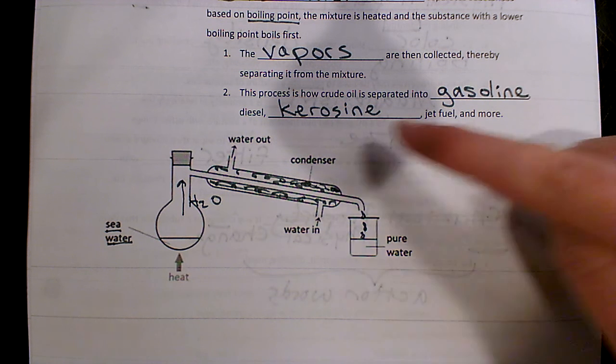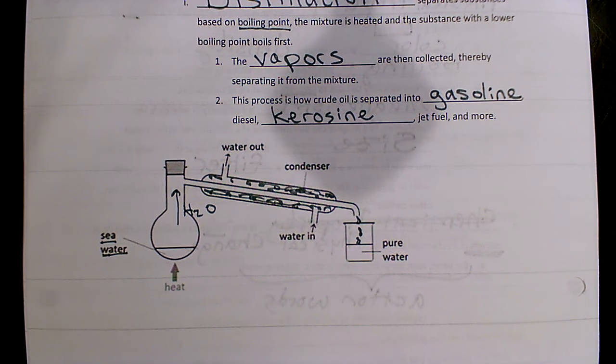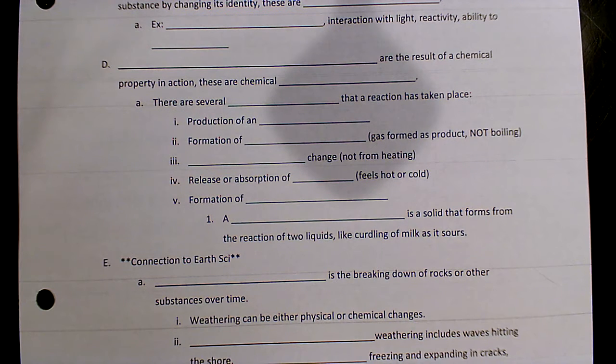And so all of those things are already in crude oil. Okay, but they're different sizes. They have different boiling points. So as crude oil is heated up, we can separate the crude oil into these different things and use them for different purposes. On to page 79.